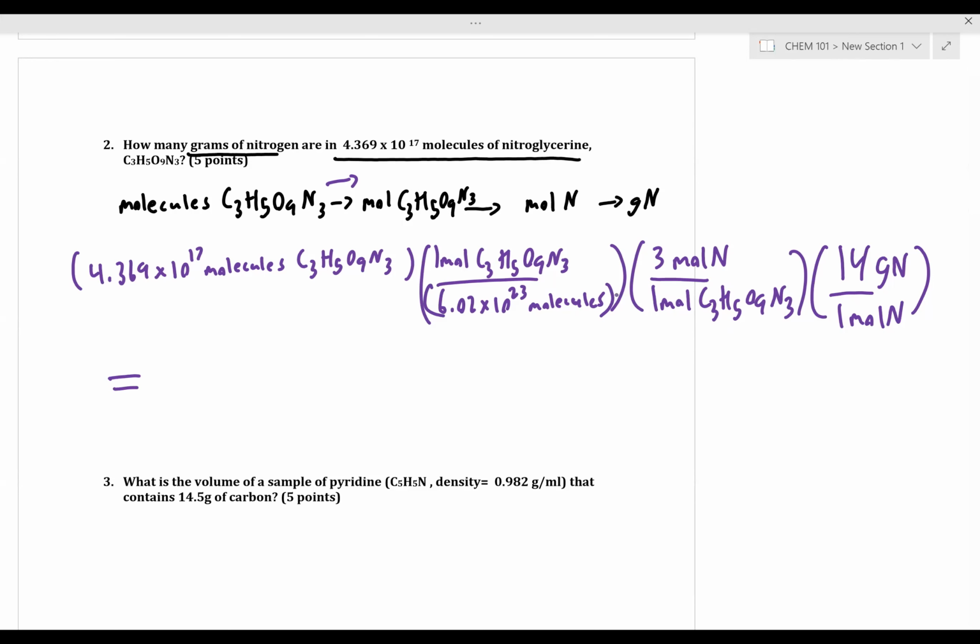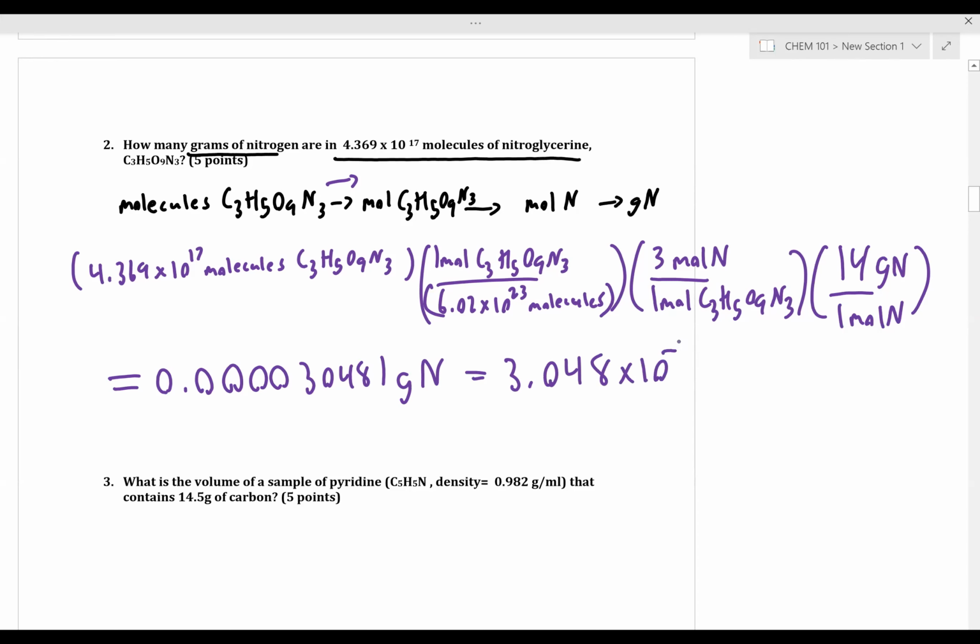So times 3 times 14, and that in turn gives us 0.000030481 grams of nitrogen that we can convert into 3.048 times 10 to the negative 5th grams of nitrogen. And your calculator will just do that if you input the decimal to scientific notation function.